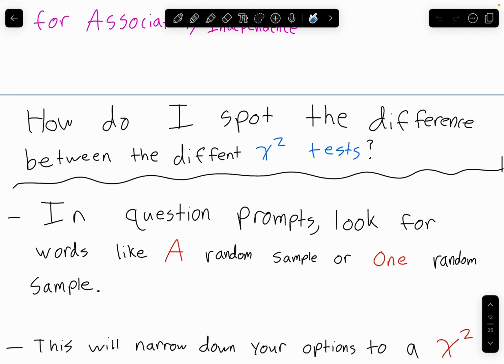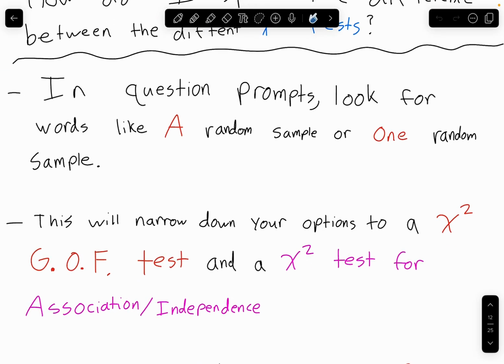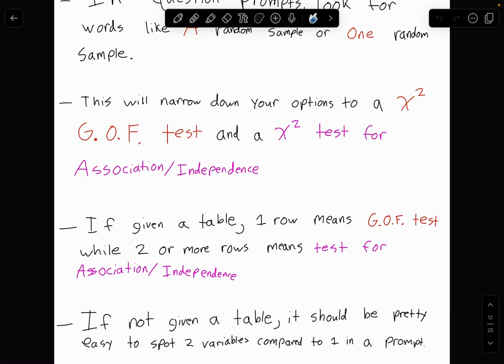In question prompts, look for words like a random sample or one random sample, which I've said before. This is a really helpful tip that has helped me ace all my exams on chi-square tests in the AP exam. This will narrow down your options to 1 or 2, a chi-square test for goodness of fit and a chi-square test for association/independence.